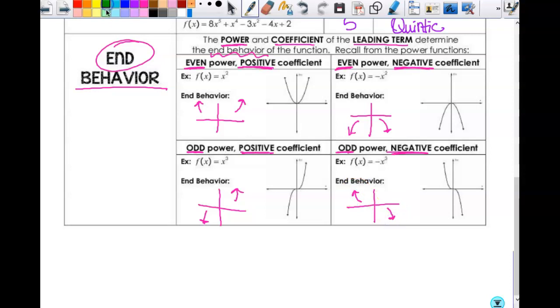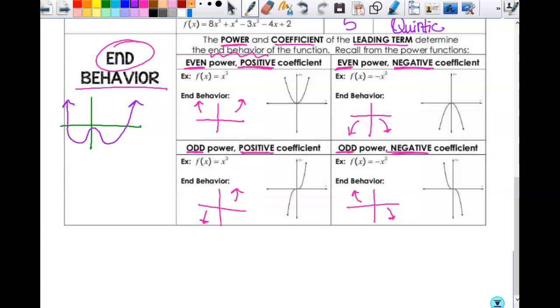So if I gave you this, I don't expect you to be able to tell me what the equation is of that right now, but you should be able to tell me, is the leading coefficient positive or negative? Positive. And would the degree be even or odd? Even, okay? You see how that works there?